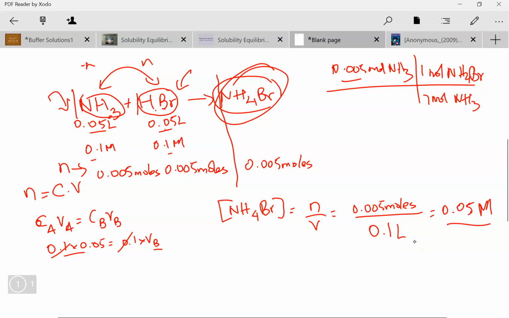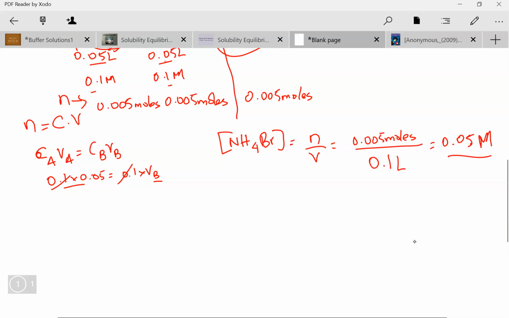Yeah, okay. So you get that concentration, and then you can do this in your head, you don't really have to show it to me. You have to know that the Br minus does not really react with water, because HBr is not a weak acid, and the reaction lies very, very heavily to the left, so that's almost no reaction.